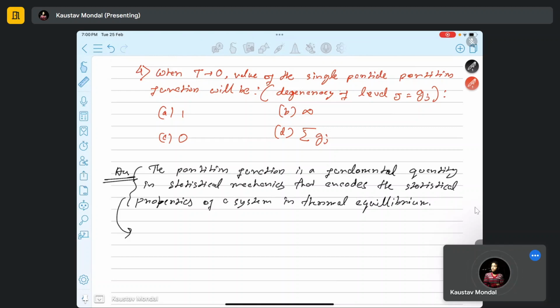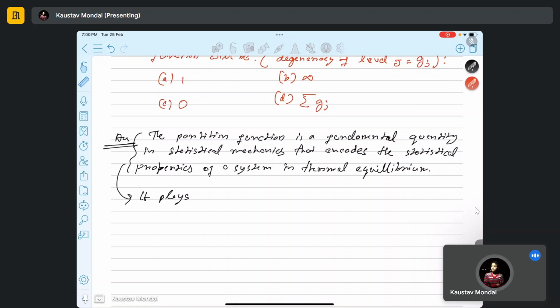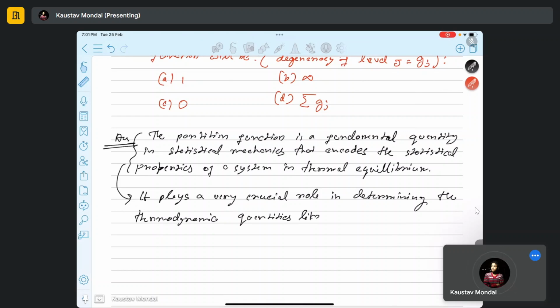The next point is that it plays a very crucial role in determining thermodynamic quantities like free energy, entropy, average energy.